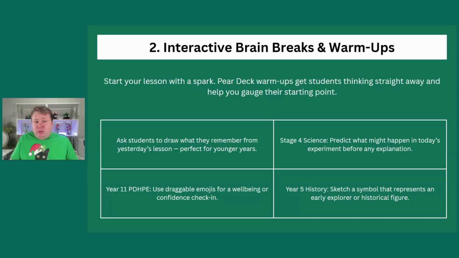And then you can have a look at these and see what kinds of concepts or symbols or ideas your class have engaged with and taken away from your studies. So four really simple, really great ways that you can use Pear Deck for brain breaks, warm-ups, so many ways that you can use Pear Deck in the classroom to engage your students.